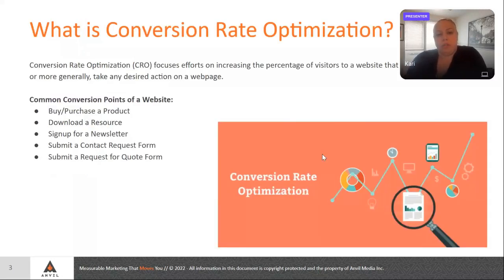So just a quick overview of what is conversion rate optimization. It's essentially efforts that focus on increasing the percentage of visitors to your website that convert into customers or, more generally, take a desired action.